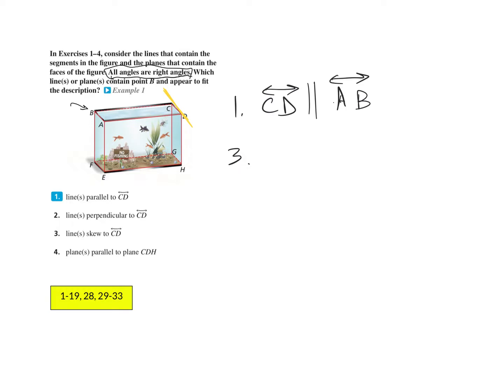Well, if I look at BF, BF is not parallel to CD, nor does it intersect CD. So line BF is skew. So there are your first 4 answers. You just are doing the odds, but just in case you wanted to practice.